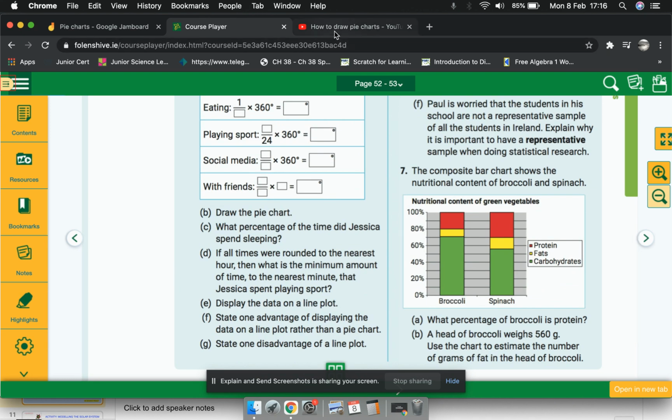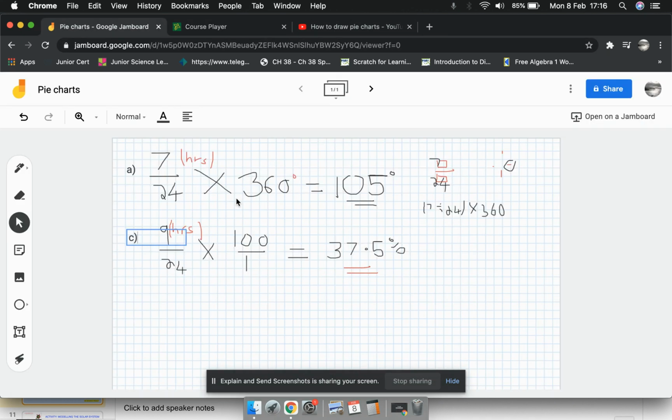This is part C, and we're currently on part D. So what we know here, I can write down what we know. Sport equals 4 hours. And we do know that this was rounded.